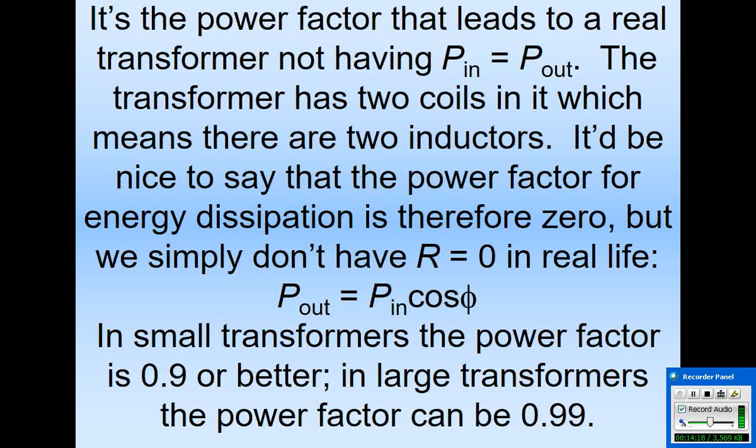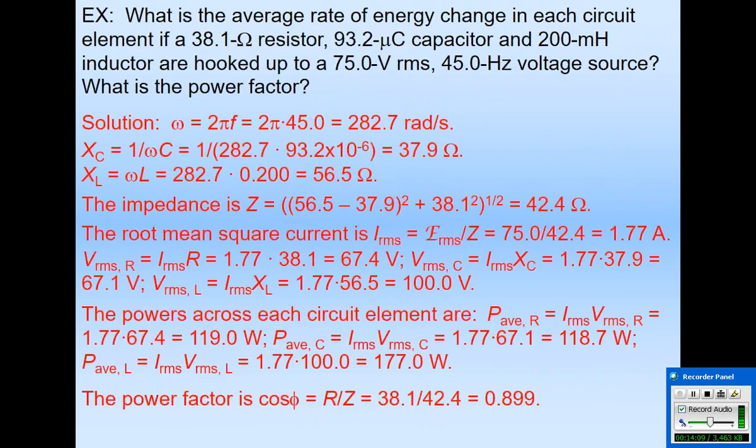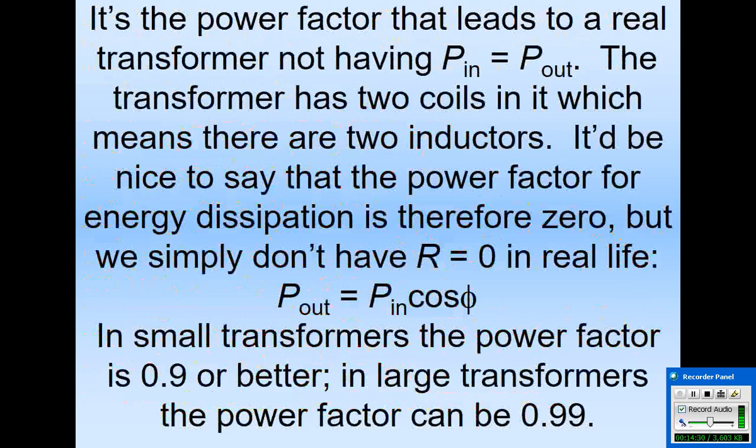The idea of the power factor complicates the situation of a real transformer. Up to this point, we said that in a transformer, the incoming power equals the outgoing power.